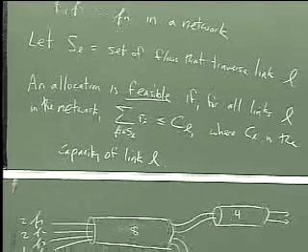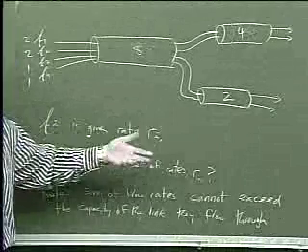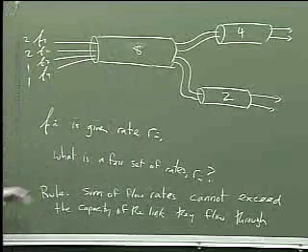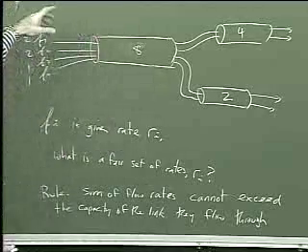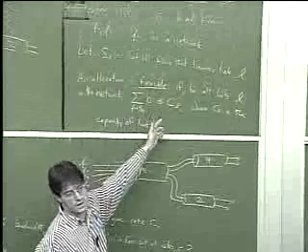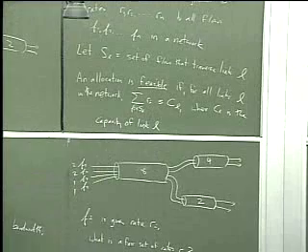An allocation is feasible if on every link, the sum of the flows that go across that link don't exceed the capacity of the link. Okay, that's what that formula is, right? C sub L is the capacity of the link L. I'm summing up over the flows that traverse that link L. I'm summing up their rates. As long as the rates don't exceed the capacity of the link, the allocation is feasible.